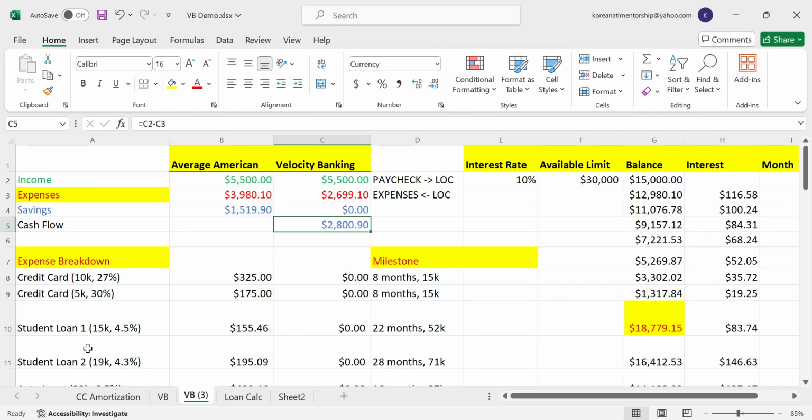Now, I'll probably make another video going into extra payments versus using the line of credit, or using what's called chunking. But one of the things I want to mention is that you don't want to put the whole thing into a line of credit. In fact, I was reading about the inventor of velocity banking, his name's Harj Gill, and he wrote a book about how to pay off your home years earlier, and he talked about how you shouldn't replace your mortgage with the line of credit either.